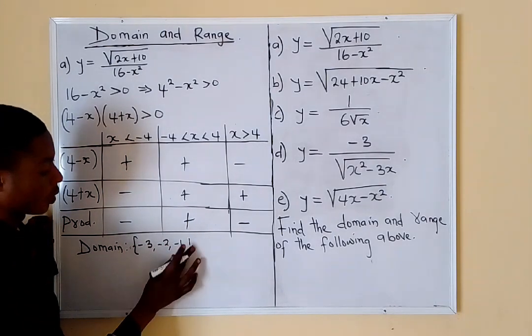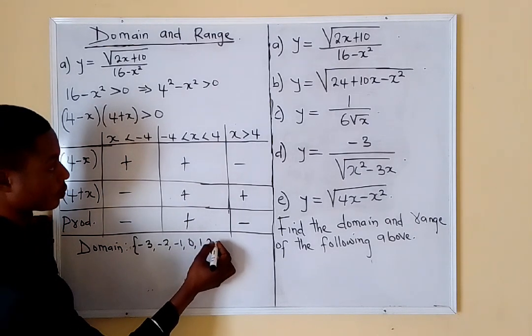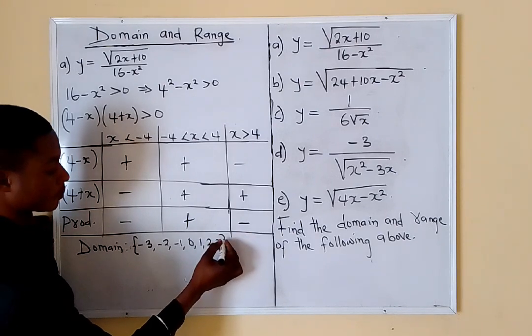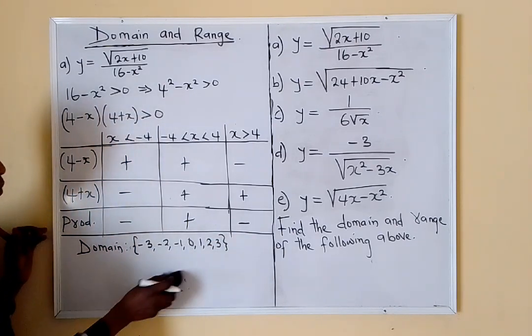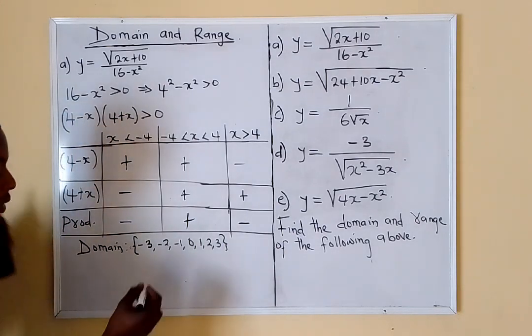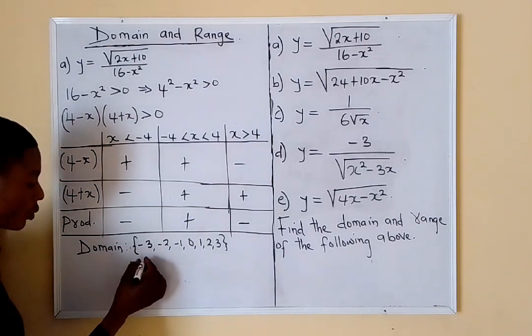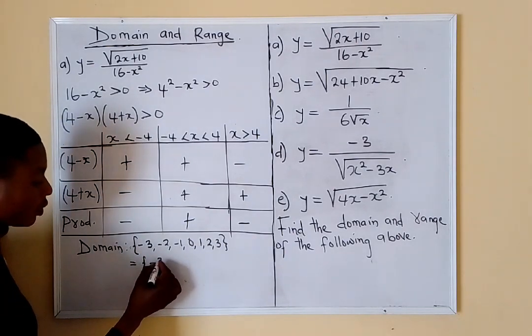This is the domain. If you don't want to do this, you can do something like this: because of the bulkiness of the work, you can reduce them to minus 3, comma, 3. We'll take this as the domain. This symbol here is telling you that there are other values between minus 3 and 3.